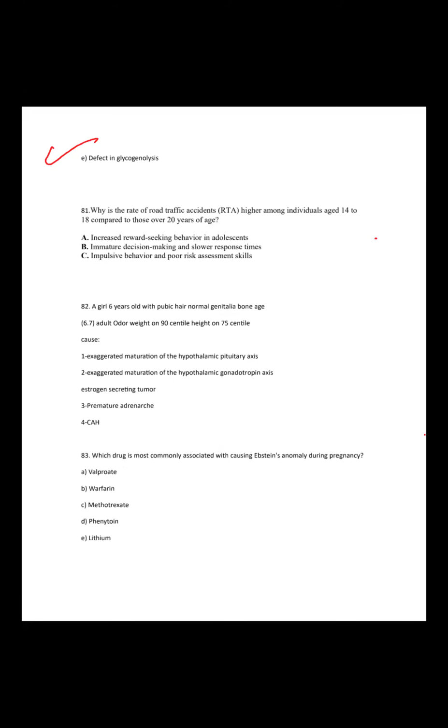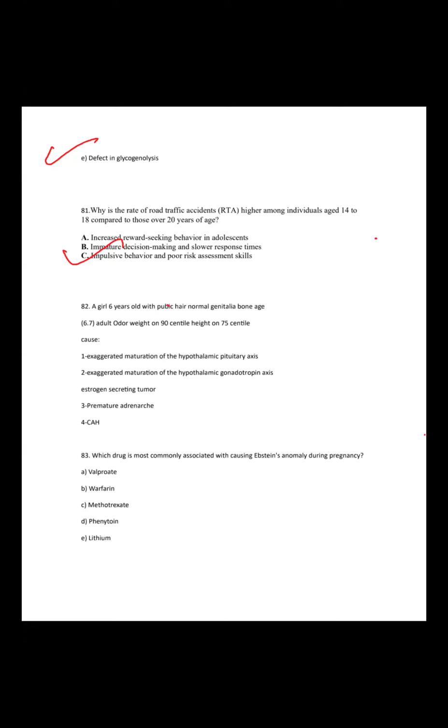Now, why is the rate of RTA higher among individuals aged 14 compared to 18 to 20? Because of impulsive behavior and poor risk assessment skills. A 16-year-old girl with pubic hair and normal genitalia, bone age is okay, weight is on the 90th centile, height is higher.